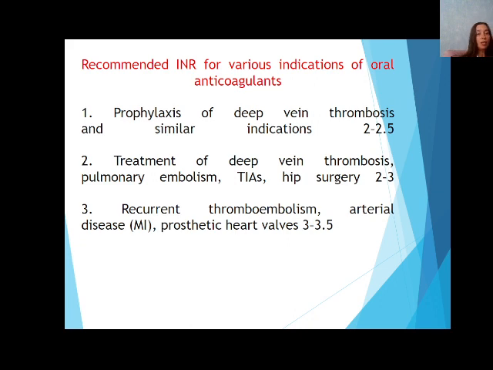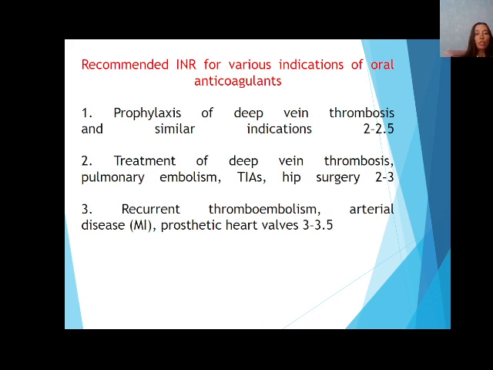When the patient takes these oral anticoagulants, especially warfarin, he should control his INR, the international normalized ratio. And it can be a different range of this INR. So, in the case of prophylaxis of deep vein thrombosis and similar indications, INR should be 2.5.